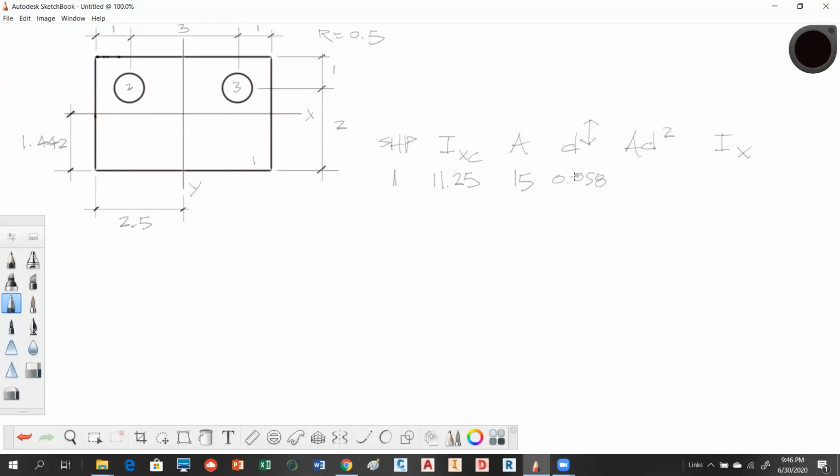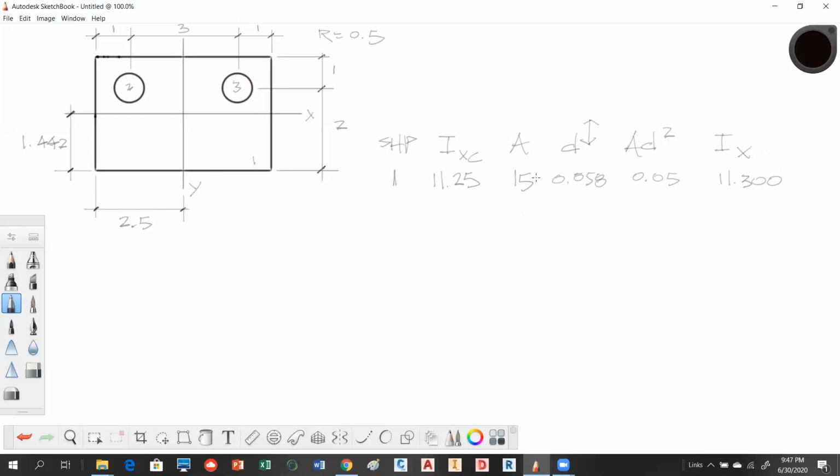This then gets squared times the area, and that gives us 0.05. We're going to take that and add it to that. It's going to add just a tad bit, not much, because the axis is so close here. The D isn't separating much, so the parallel axis is not really helping you out.